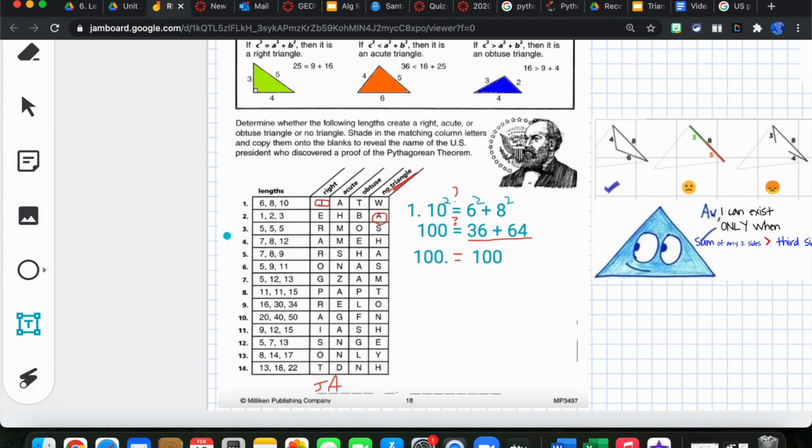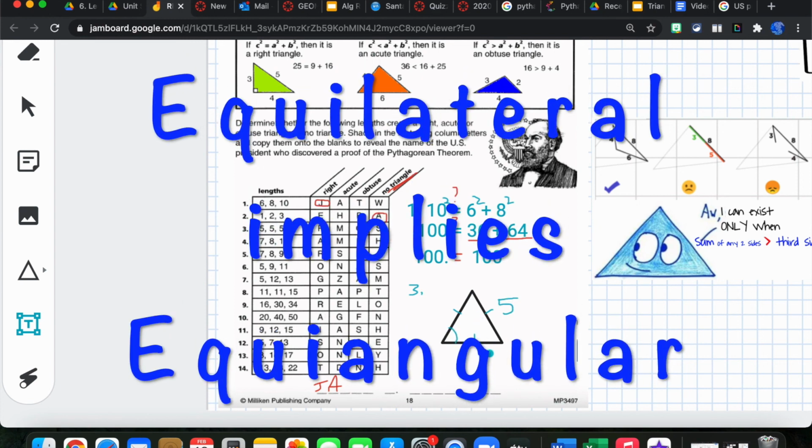The next one, we are going to check these 3 numbers, 5, 5, 5. They are all equal numbers. Find the picture for this number 3 right here and mark the sides with the same number of tick marks. Equilateral also means that we have equal angles, which means we take 180, we divide by 3, and we would get 60 degrees.